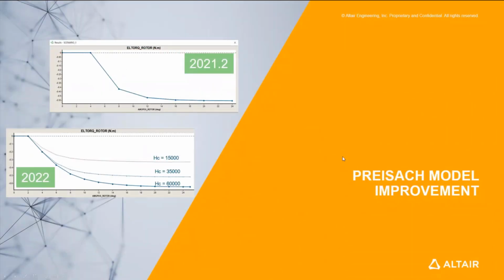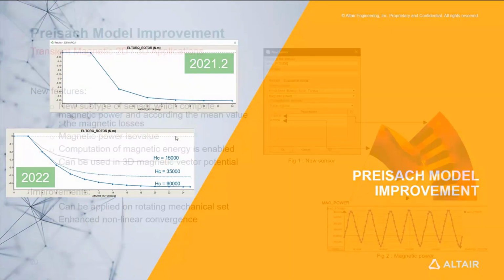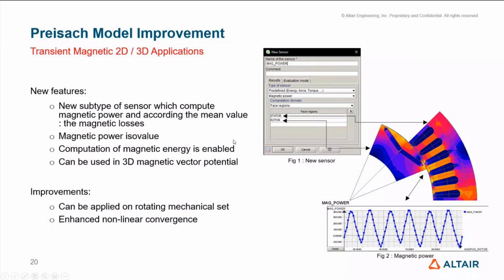Okay, let's move on. The next improvement is about the property of the material in the PySec model improvement. Firstly, we have corrected several bugs in the result visualization here, as you can see in the curve here. And another exciting thing I want to share with you is in the sensor here. Nowadays, in Flux 2022, we have created a new type of analysis in the sensor.